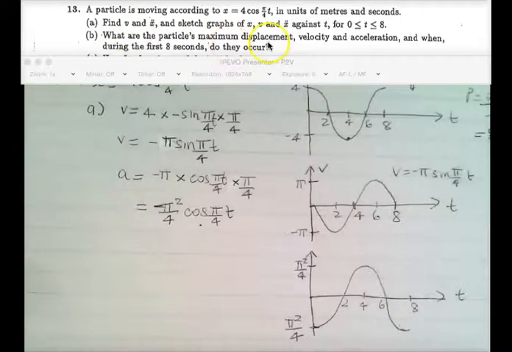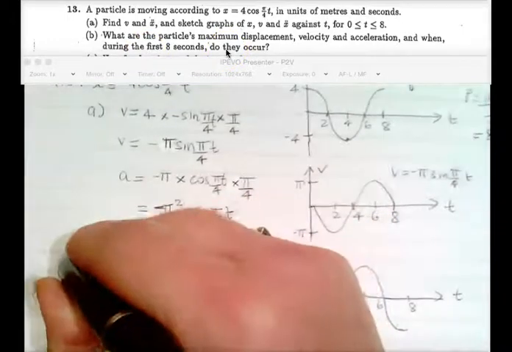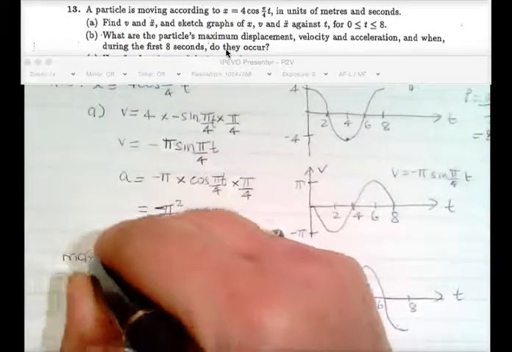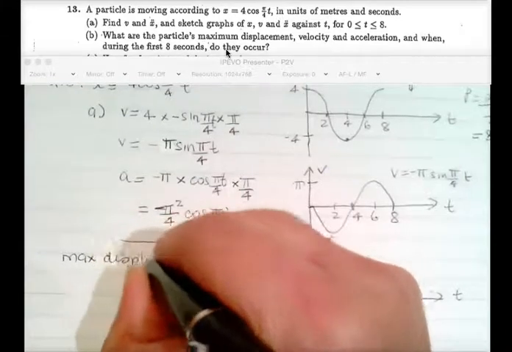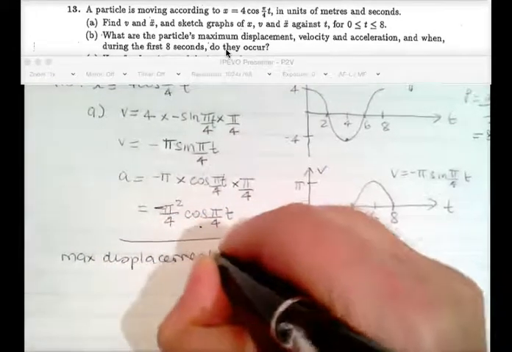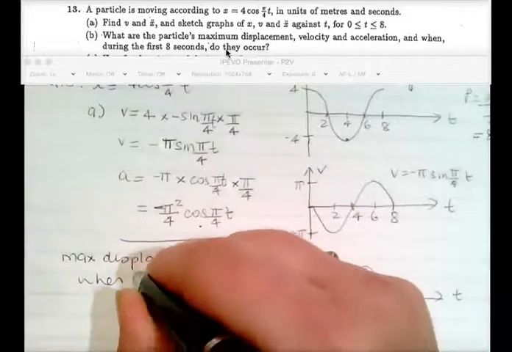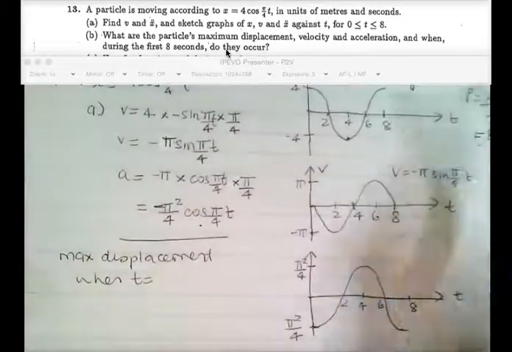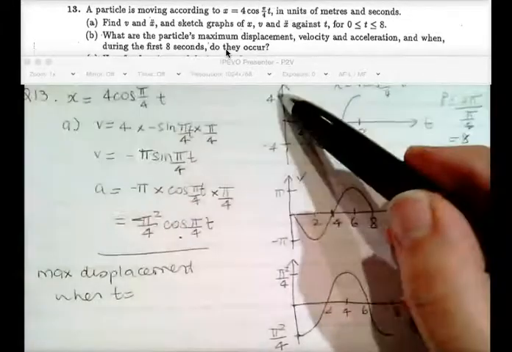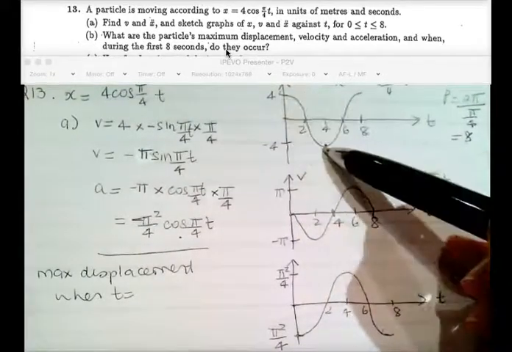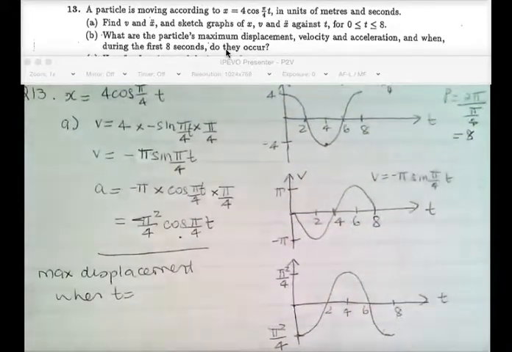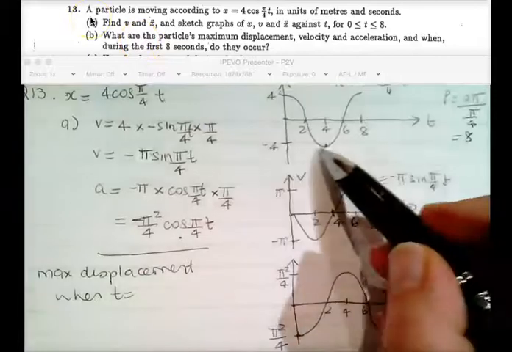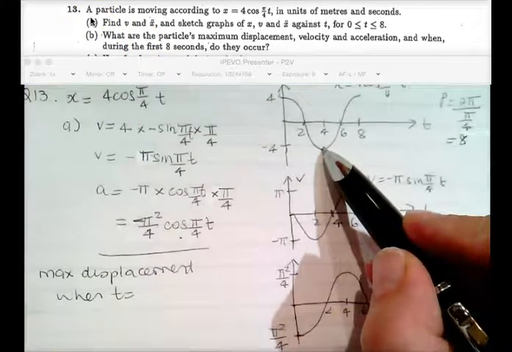Says, what are the particle's maximum displacement, velocity, and acceleration, and when do they occur? During the first 4 seconds. So maximum displacement, and you can just read these off the graph. Here's the maximum displacement of 4, here -4 and 4. But this -4 means it's just 4 meters to the left.